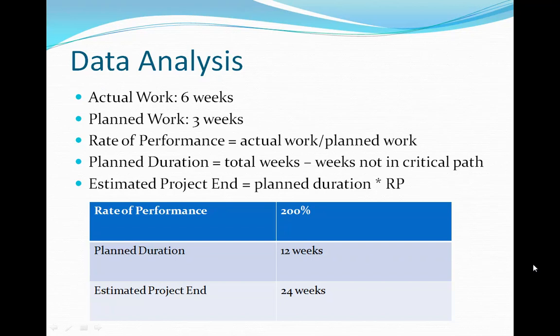The estimated project end was the project duration times the rate of performance. So 12 weeks multiplied by 200% was 24 weeks. This is 2 times longer than the duration on how long it took for the first 3 activities to be accomplished.